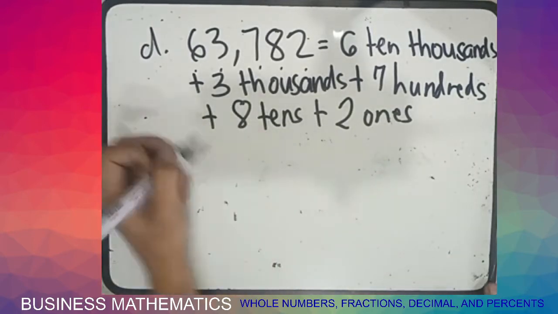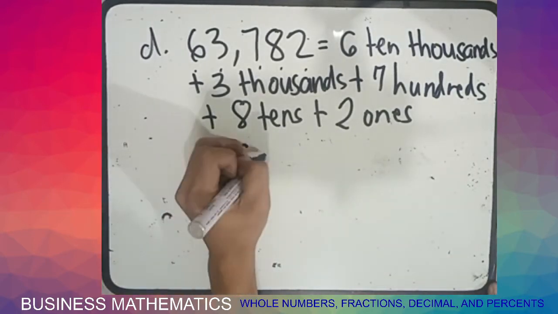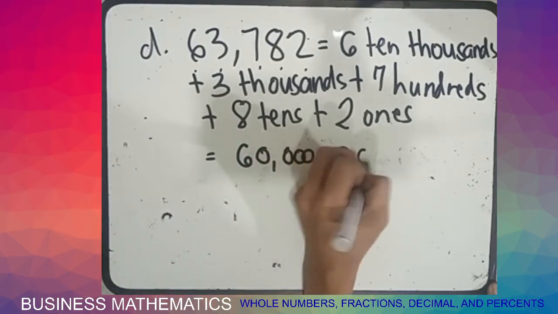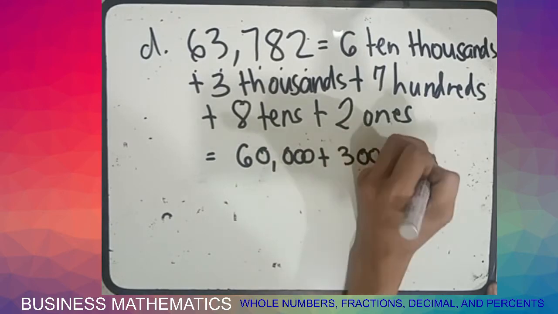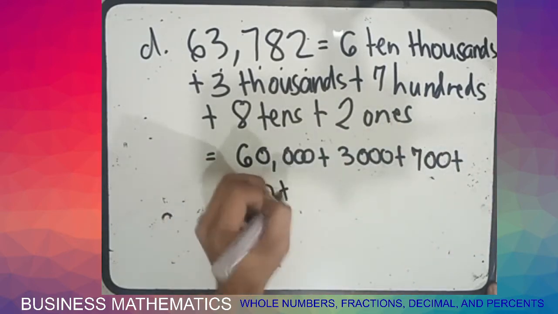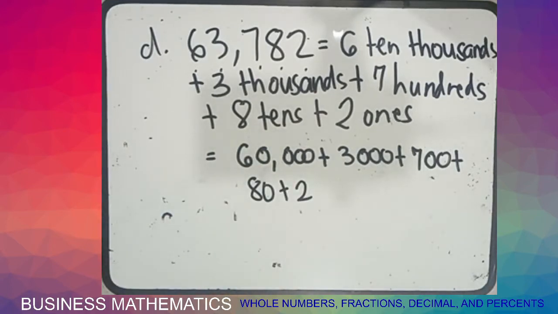Okay. So, equals 60,000 plus 3,000 plus 700 plus 80 plus 2. Okay. So, ganun lang yung pagsusulat ng expanded form.